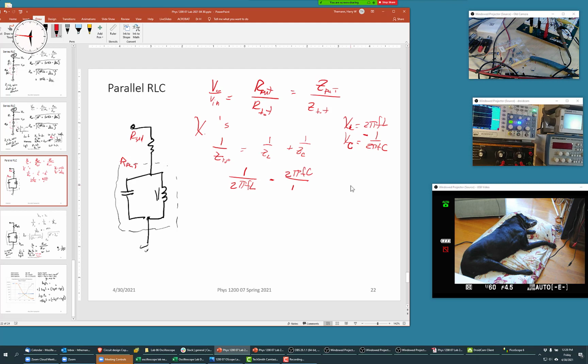So at the end of the day, the chi total is equal to 1 over, let's see, I got it here, I'm going to be lazy.